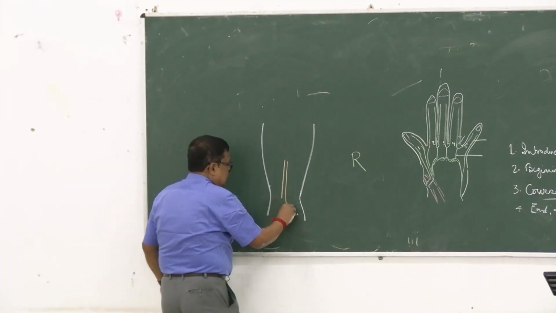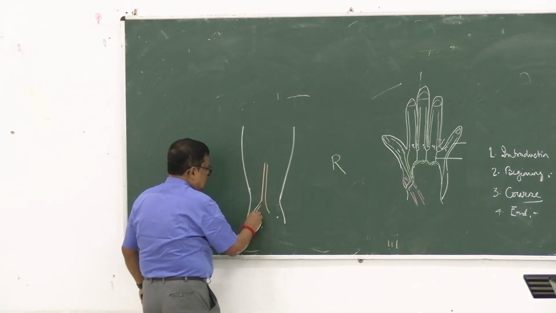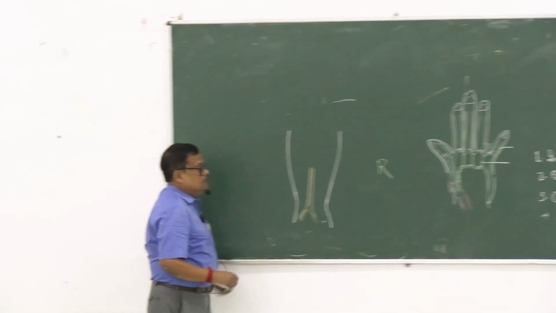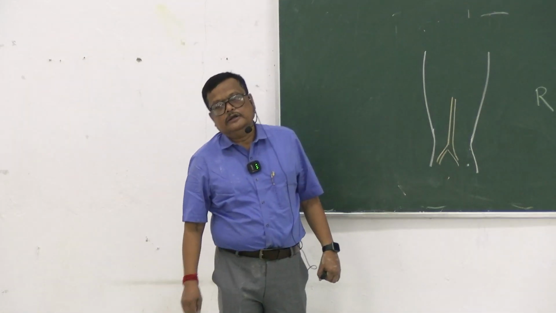It is the brachial artery dividing into the radial artery. This brachial artery, as a rule, is accompanied by venae comitantes.